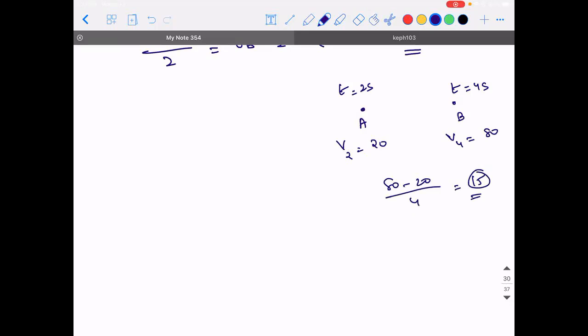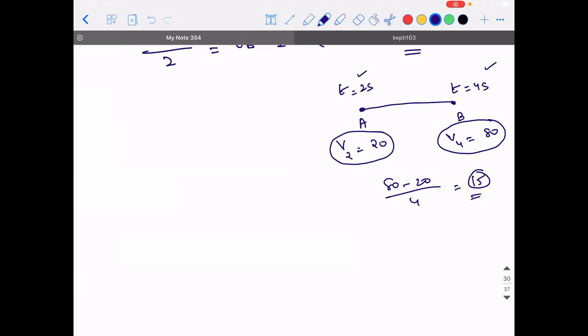The reason why you're not supposed to do it like this is you found the exact values of velocity at a particular instant. The object is still in motion between 2 seconds and 4 seconds.